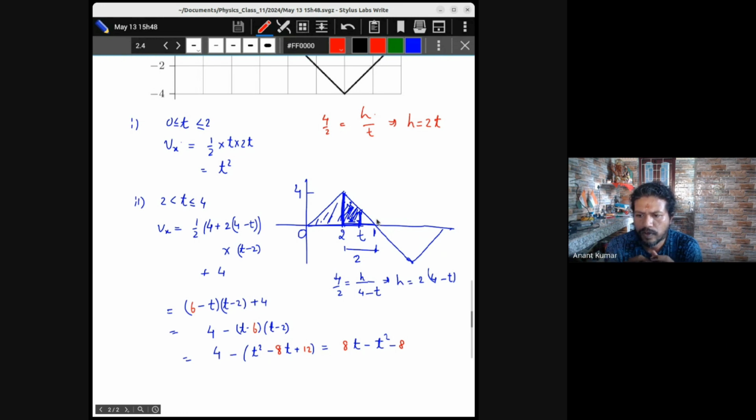And at t equal to 4, if I plug in, I'm going to get 32 minus 16 minus 8, 8. Yeah, that's right. This is therefore the required velocity time relation, as long as t lies between 0 to 4 actually, right?